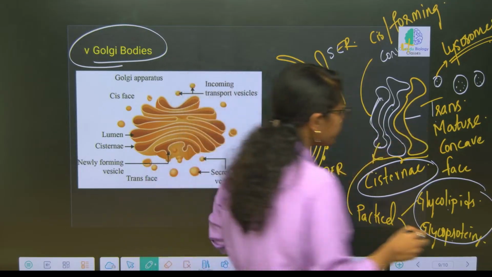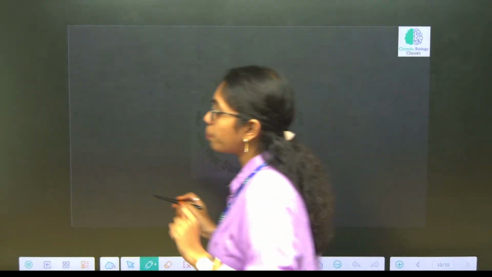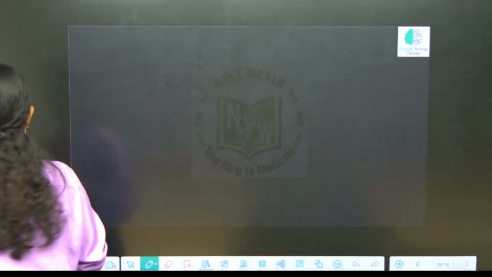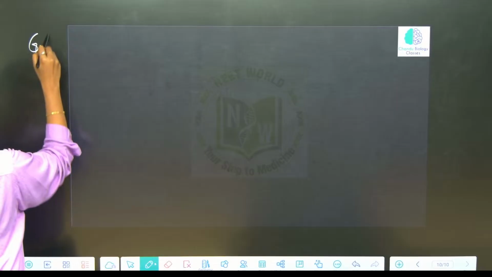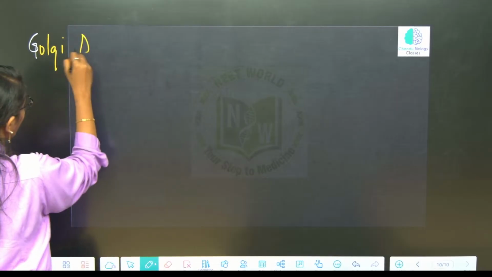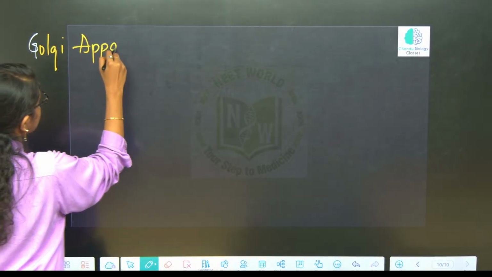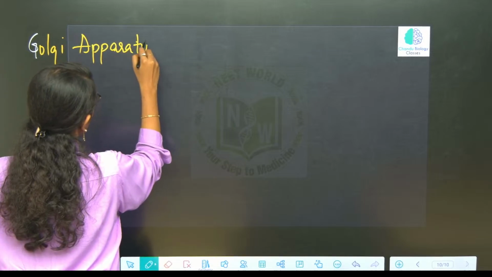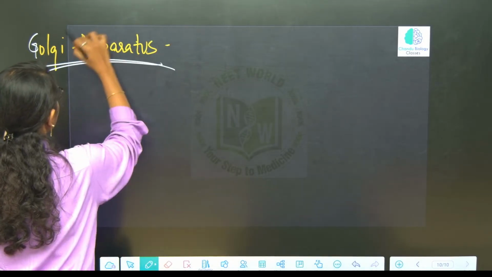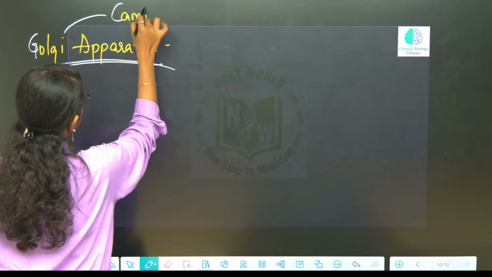Now, we will be looking into the presence and absence of Golgi bodies. Golgi apparatus is named after the scientist Camillo Golgi.